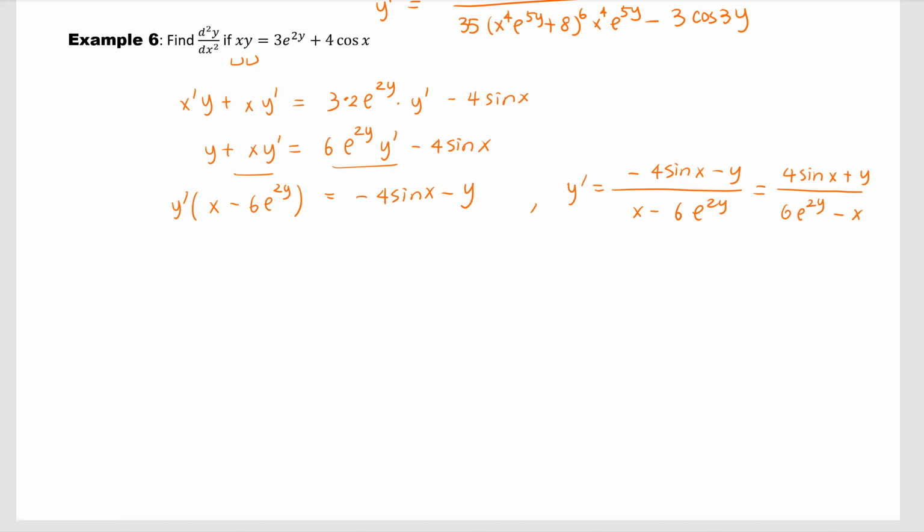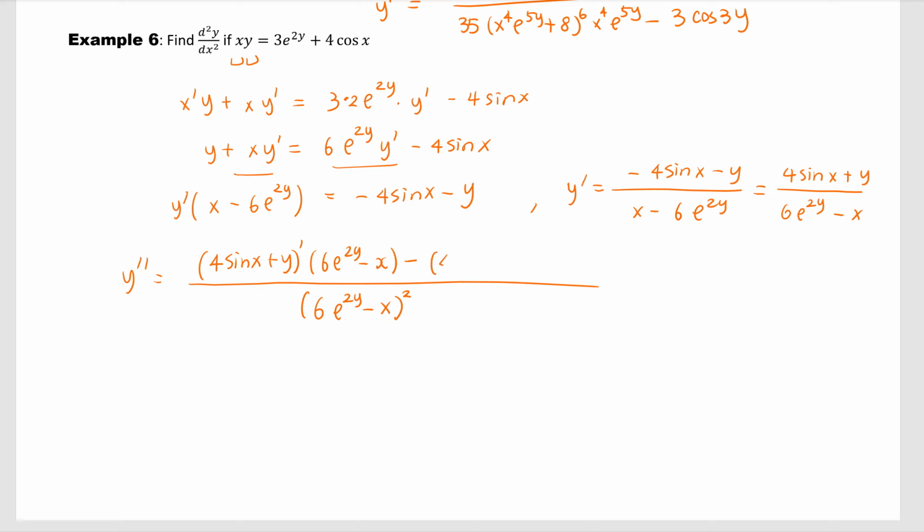How do we find the second derivative? Well, the second derivative is just the quotient rule of this guy, right? So 6e to the 2y minus x, denominator squared, and then we have the top guy times the bottom guy minus the top guy times the bottom guy prime.